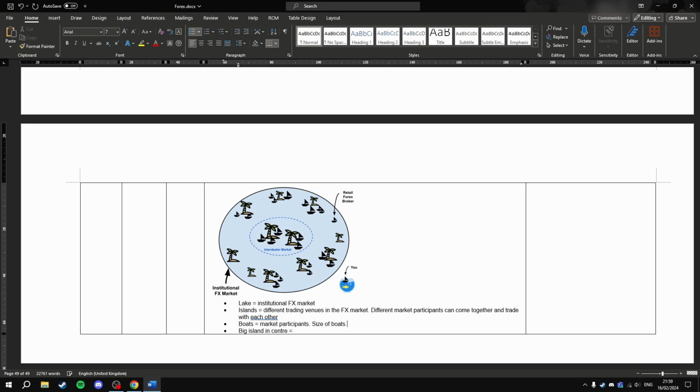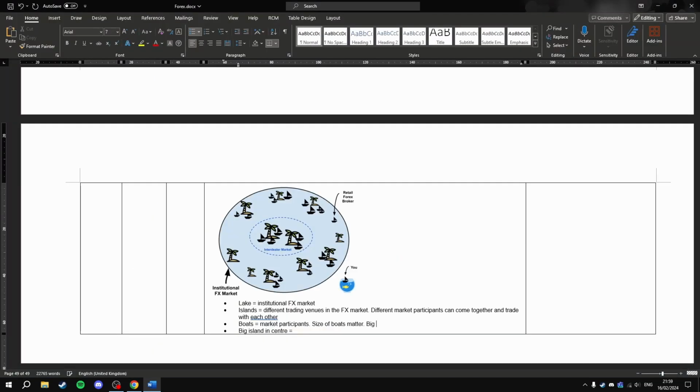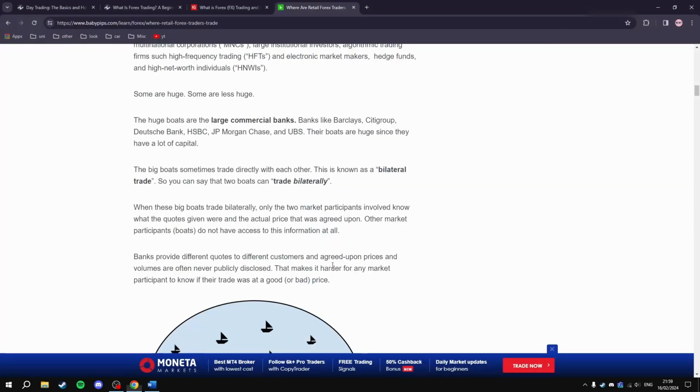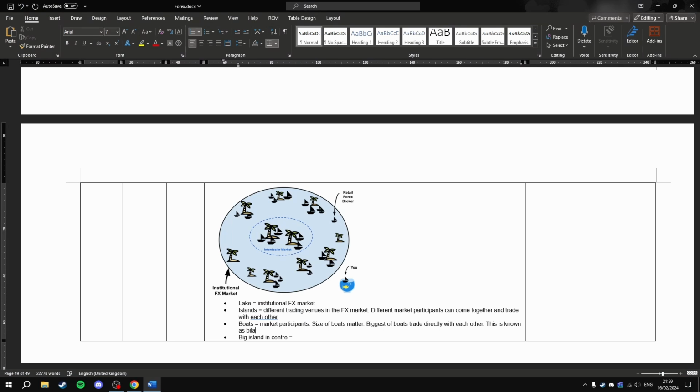Size of boats matter. The biggest of boats trade directly with each other. This is known as bilateral trading.